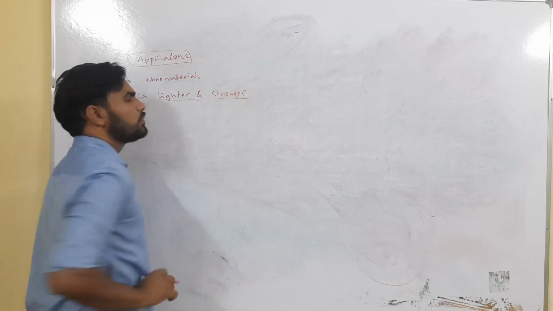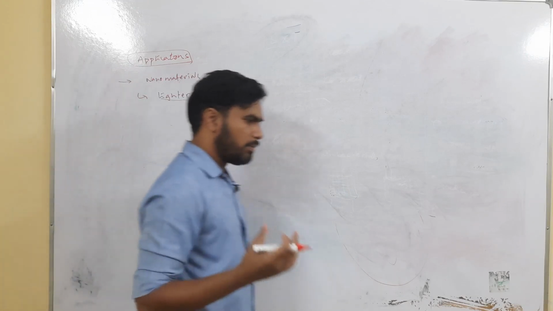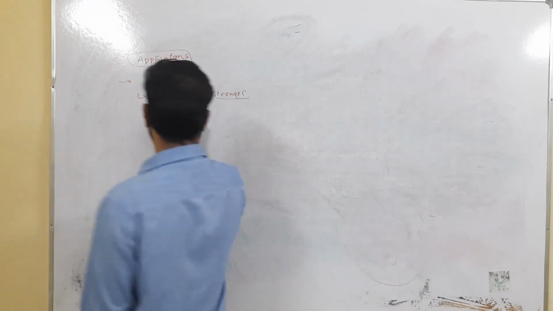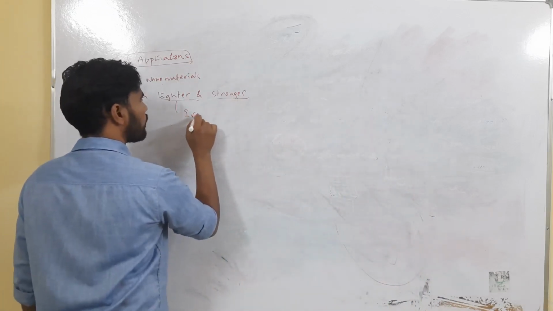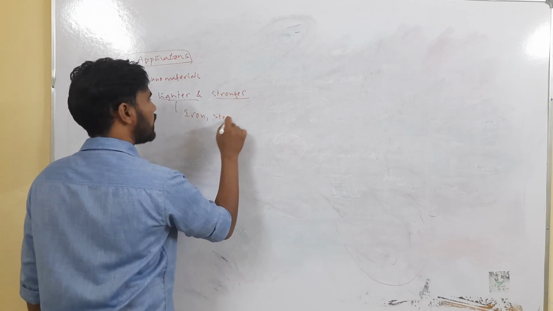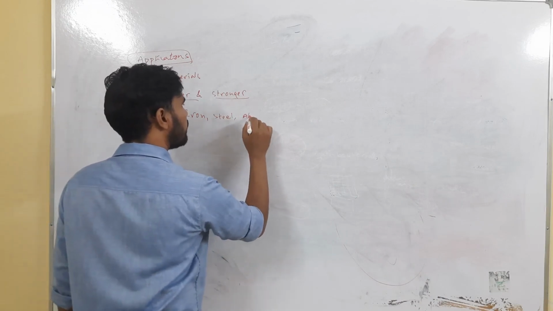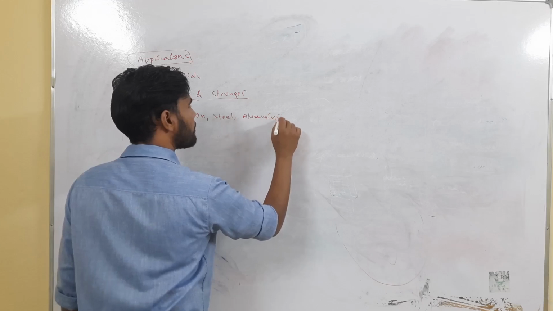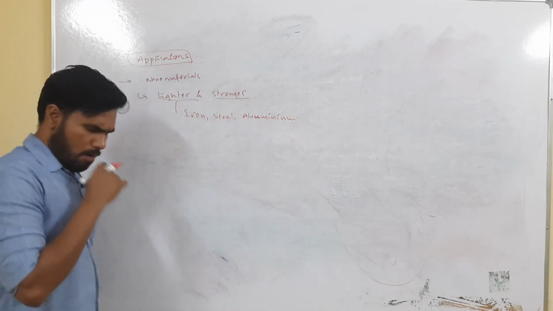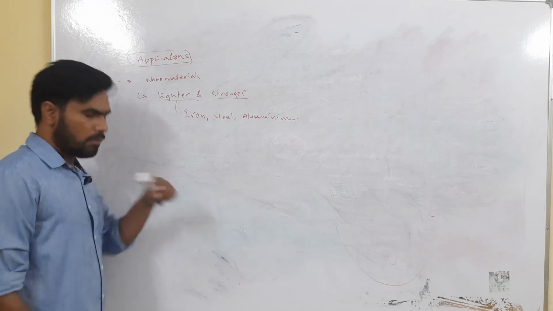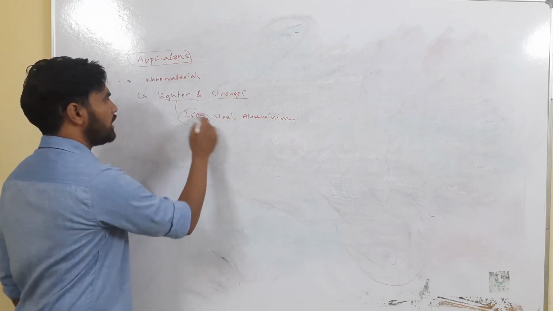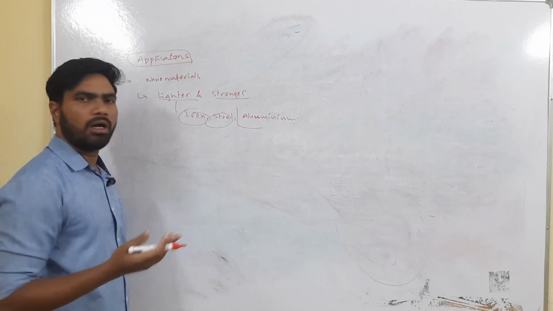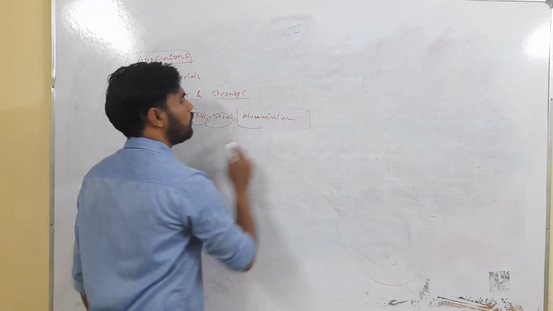Generally, what are the predominant metals that we are using? One is iron, then we are using steel, then we are using aluminum. Predominantly we use iron and steel, and where we need something a little bit lighter but stronger, we opt for aluminum.